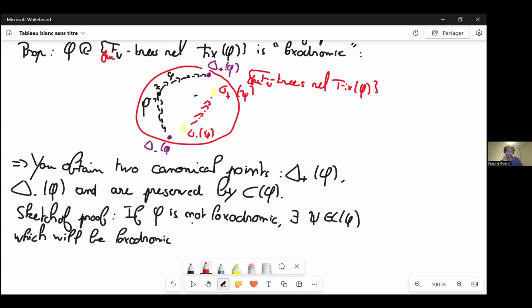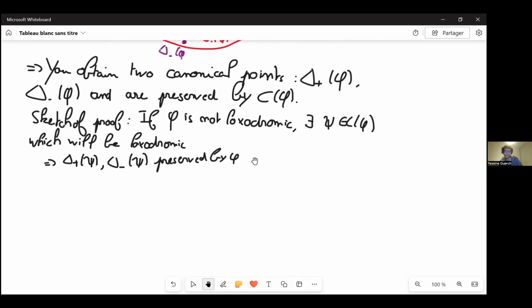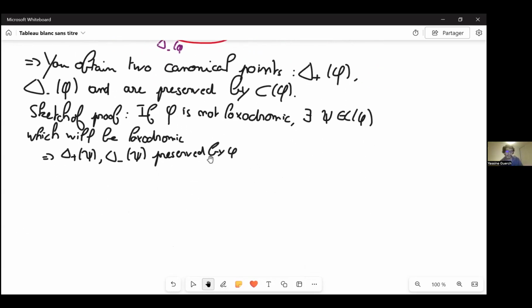But this delta plus of psi and delta minus of psi will be preserved by phi, because phi commutes with psi. And what we show is that this is not possible because it will imply that fixed phi is larger than expected.